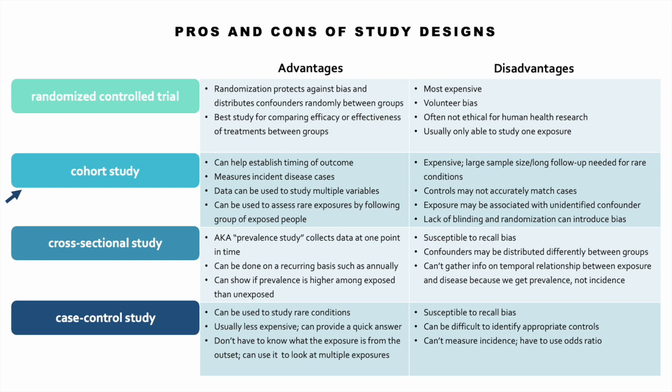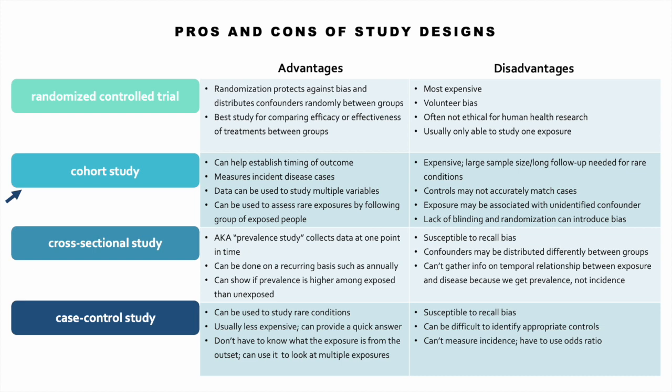Cohort studies are helpful for establishing the timing of an outcome and can be used to study multiple variables. Cohort studies are helpful for assessing rare exposures by following a group of exposed people through time. But a disadvantage is they're expensive and often very logistically difficult. And the more rare a condition is, the larger the sample size you need and the more follow-up time you need.